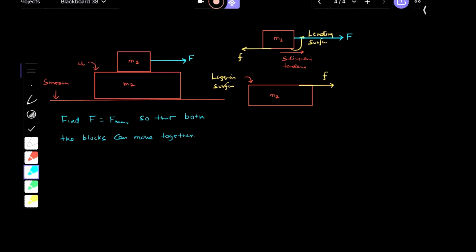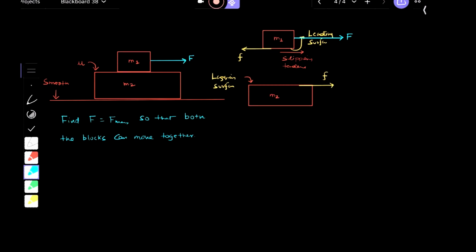So if I stop M1 from moving, see, the purpose of friction is not to stop the object. That we must be clear about. The purpose of friction is to stop the relative motion. So I can have relative motion gone if both the objects are stopped, or I can have relative motion stopped if both the objects are moving together also, or not. Understanding that point. So here M1 is moving over M2, that's why their surfaces are having some relative motion.